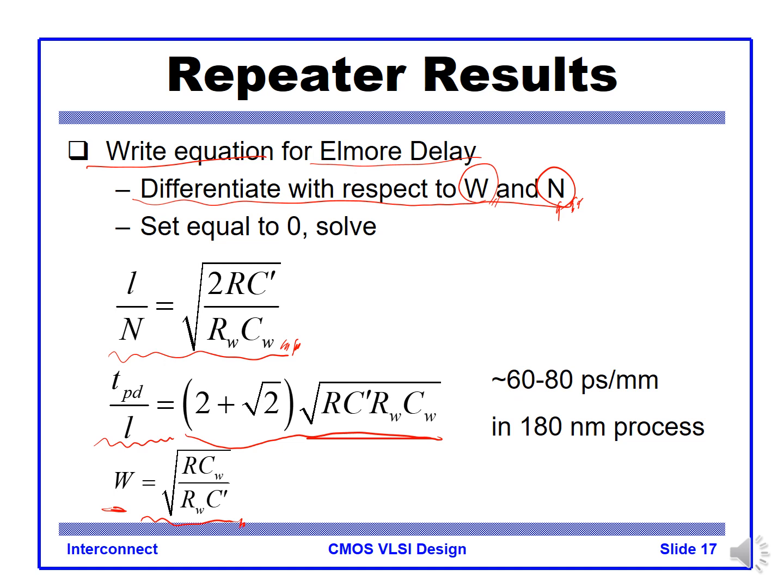You can use the previous pi model and derive the equation for delay using Elmore delay. You can easily do that and find it.